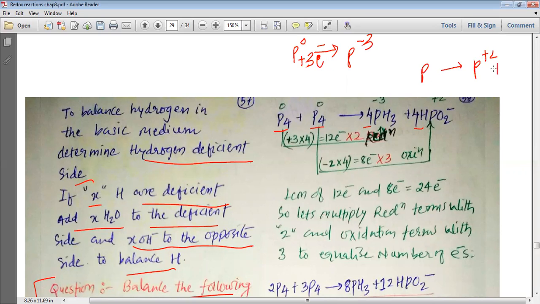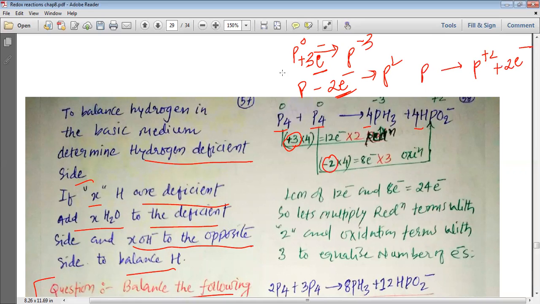That means it will release 2 electrons. So if we write both the things, on the left hand side you can see this is P plus 3 electrons. Here you can see P minus 2 electrons gives you P plus 2. So this plus 3 electrons and minus 2 electrons I have written here.